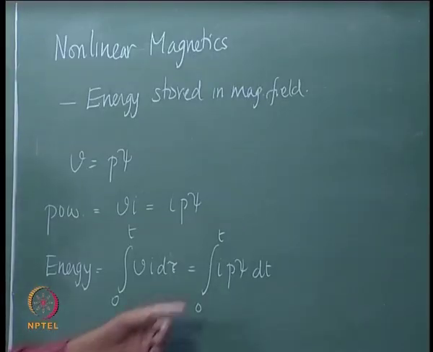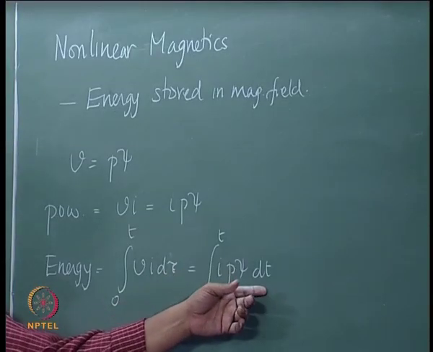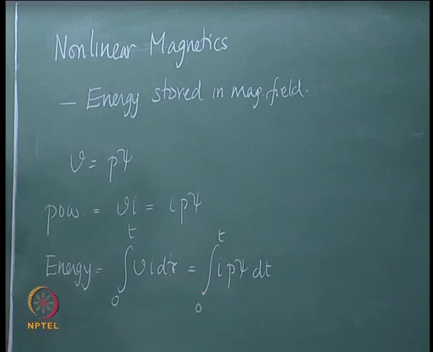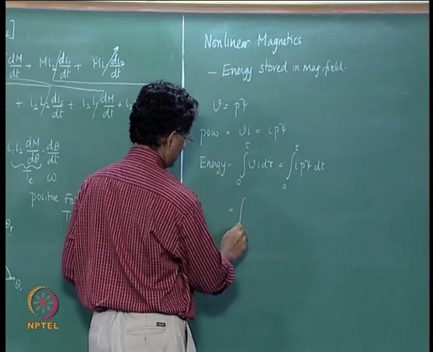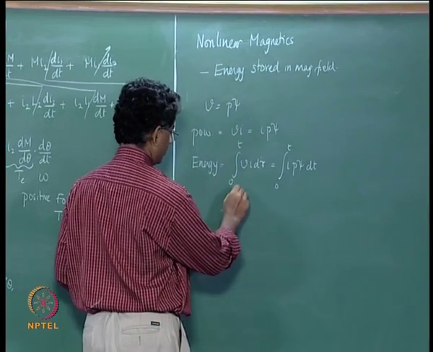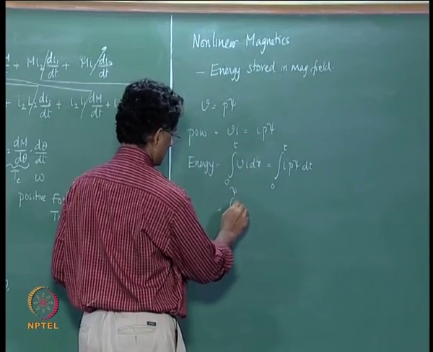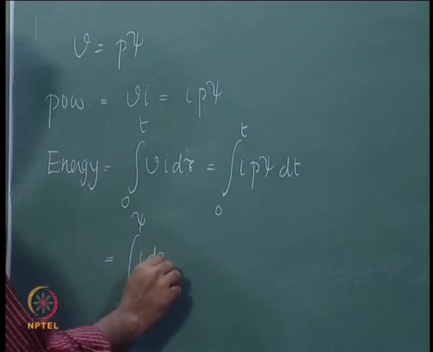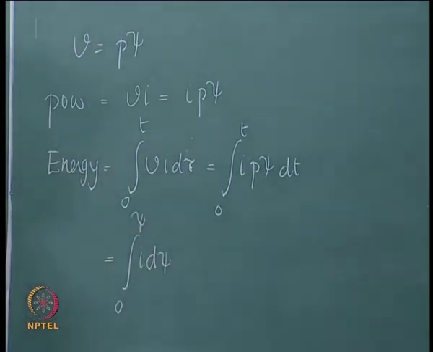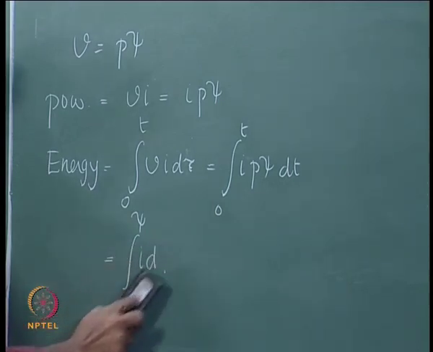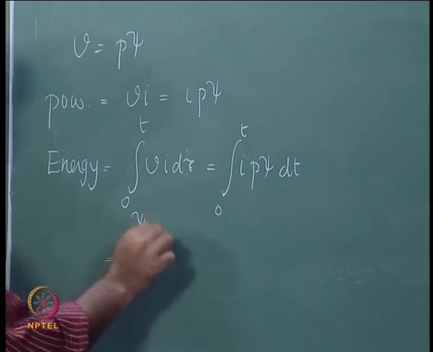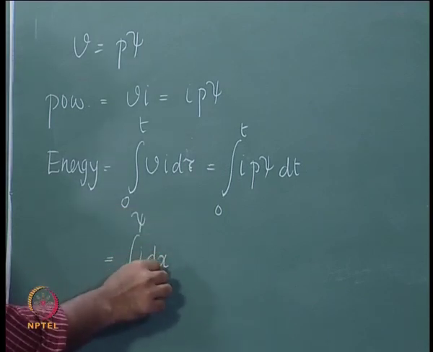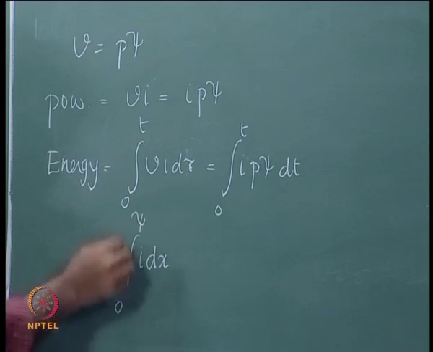And since this is integral of a differential, one can write this in the differential form itself as integral from 0 to psi I times d psi. Again make a change in the variable, it is I times some dx maybe, where x takes the value from 0 to psi.